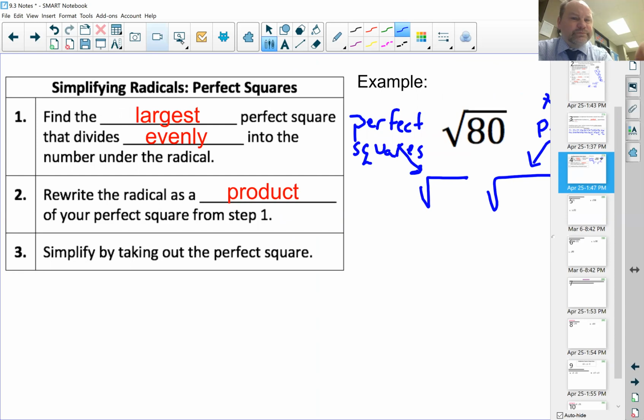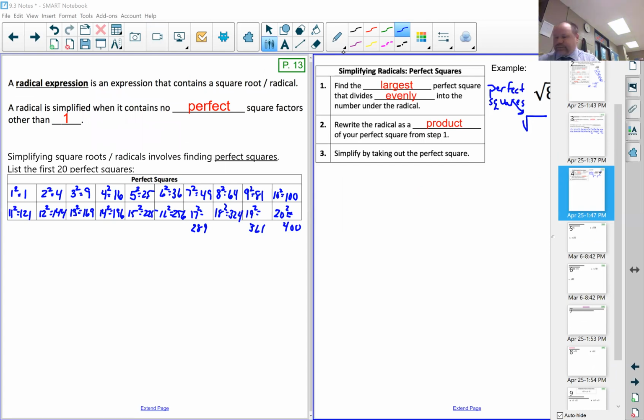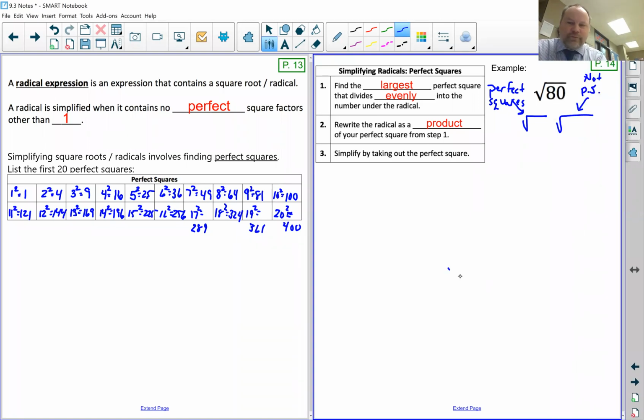So try this again. So I look for perfect square less than or equal to 80. I mean, if 80 is a perfect square, I'm done. I can give the answer. But the largest perfect square that's less than 80 would be 64.